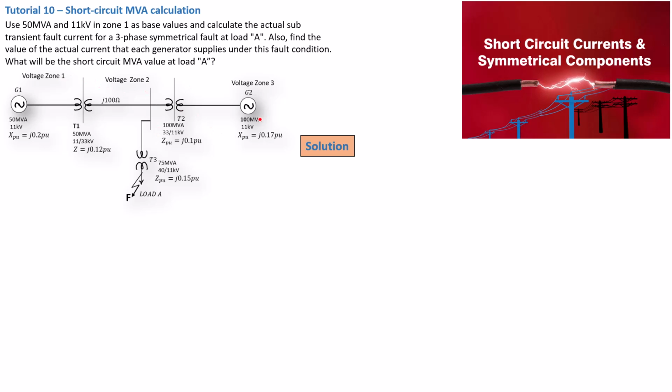This tutorial is obviously for a power system technician or an electrical engineer who's responsible for ensuring that there is electricity available without interruption. Now here you have a power system network that is comprised of a generator.